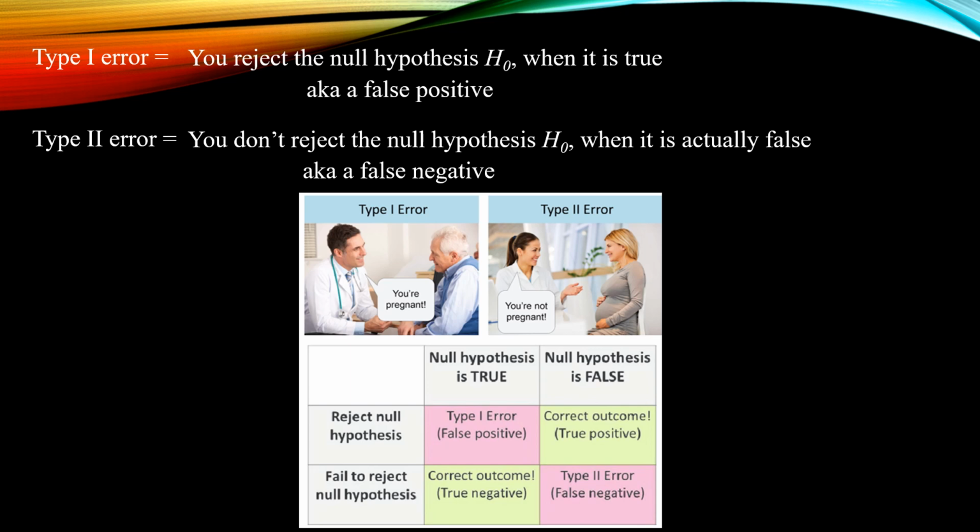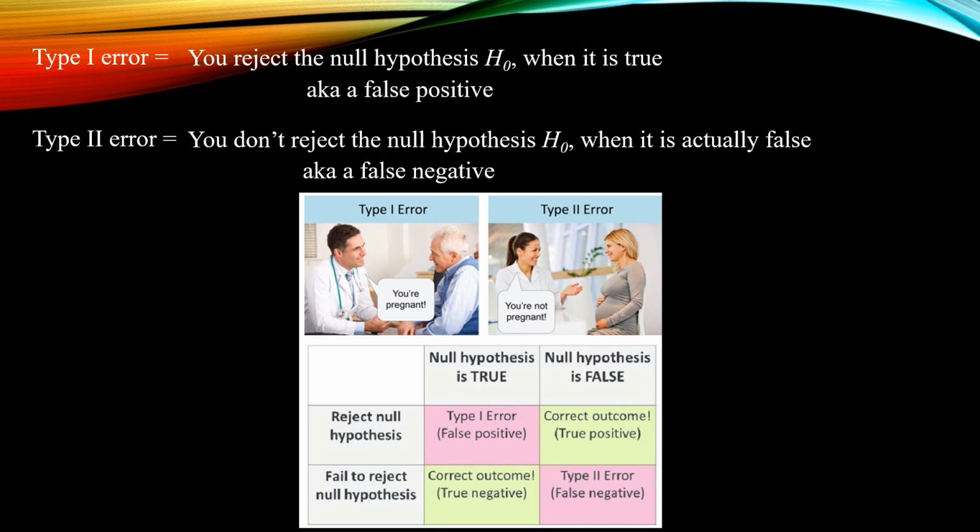The idea is that you reject the null hypothesis based on sample data, based on some kind of test from the real world. And if, for example, a man came into this doctor's office and wanted to determine whether he was pregnant or not, and you reject the null hypothesis that he is not pregnant.